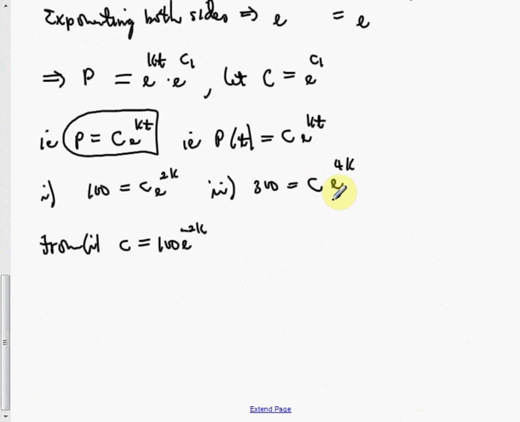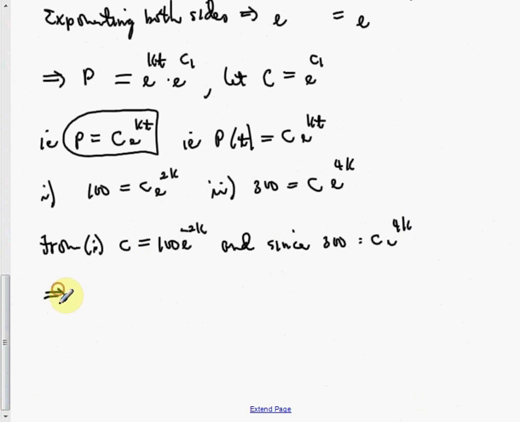So our goal is to eventually either solve for K or solve for C. Since 300 is equal to C times e to the 4K, let's take the C here.